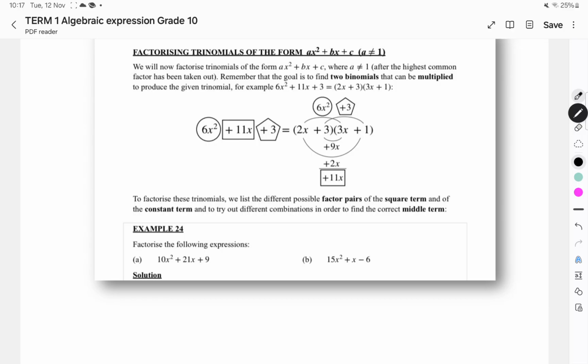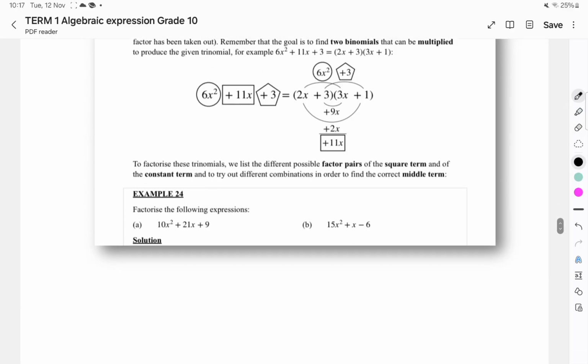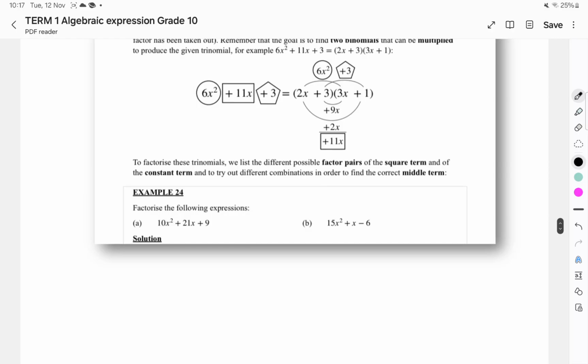Here I don't have a common factor. So what do I do in a case like this? I have 10x squared plus 21x plus 9. We need to factorize this. How will we factorize this?